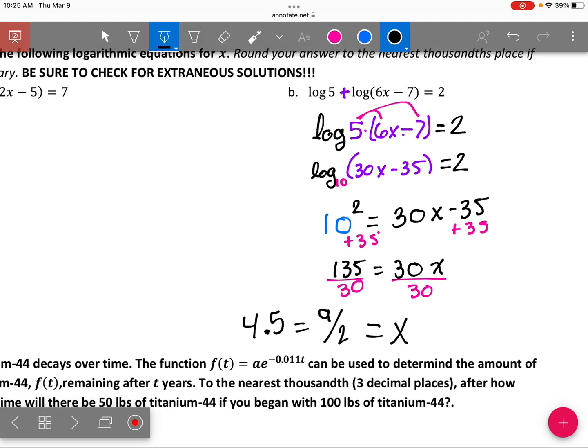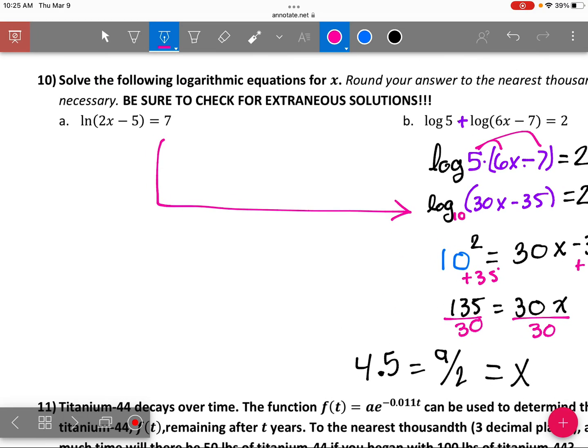So A has almost the same process, except we're going to go here. It doesn't have to condense. What is the base on our natural log? Not 10. E. This is log base E of 2x minus 5. Other than that, it is the exact same process as we had over here.